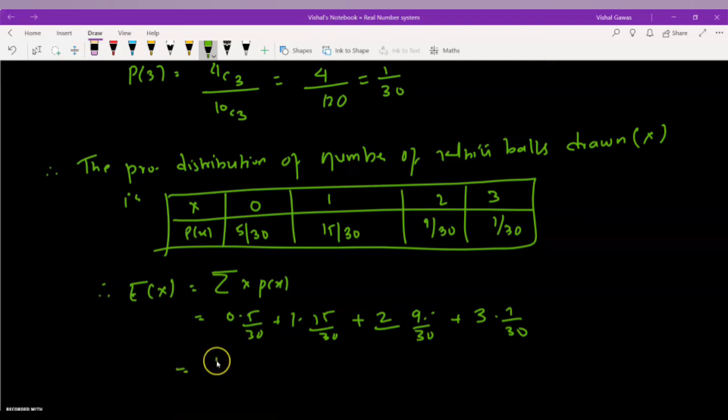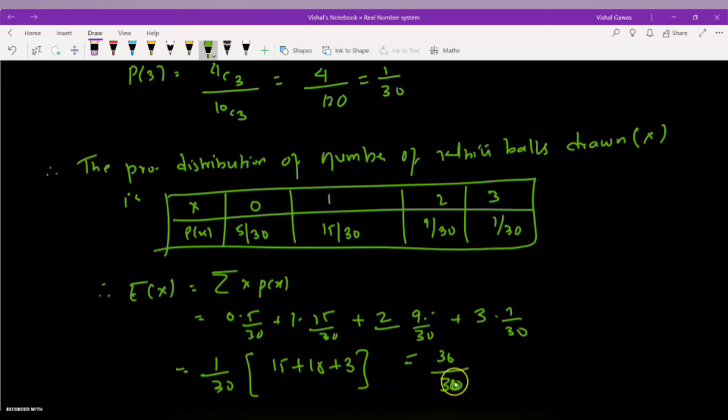If I take 1 by 30 out, this comes out to be 15 plus 18 plus 3, so 36 by 30. Just check that out. This comes out to be 6 by 5, so 1.2.